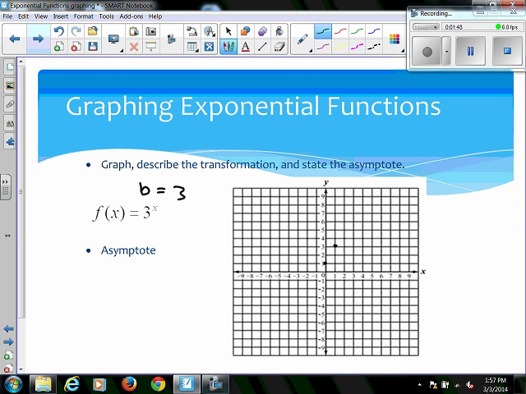And then our third point is (-1, 1/3). Here my asymptote is y = 0. Unless I have a transformation, my asymptote is going to be y = 0.